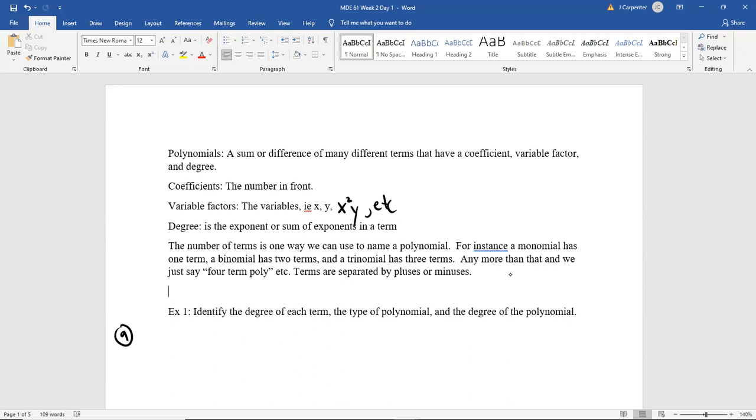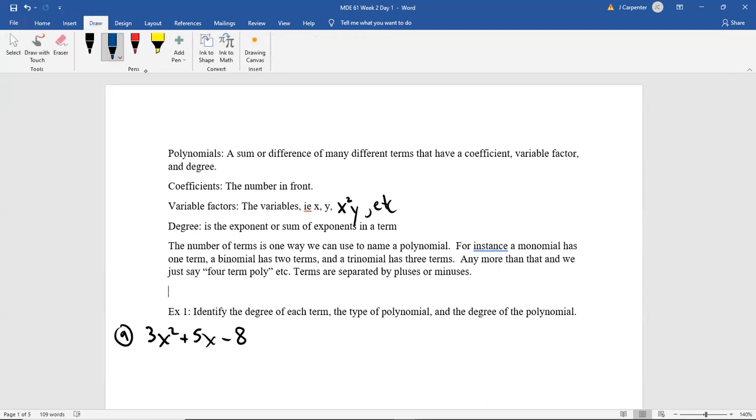All right, so for A, we're going to go with 3x squared plus 5x minus 8. I'm actually going to do the type first.